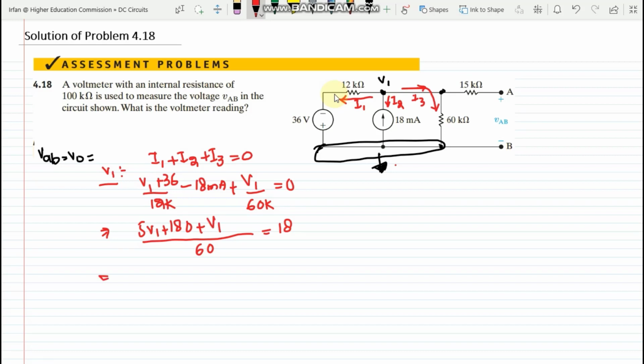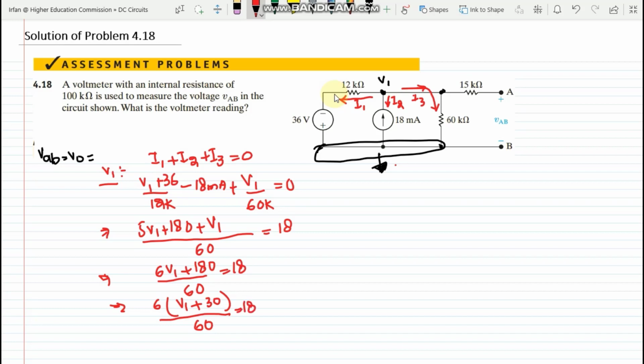Okay, so now as these terms are simplified, this would be (6v1 plus 180) divided by 60 equal to 18. Now taking 6 common from this side, this would be (v1 plus 30) divided by 60 equal to 18.